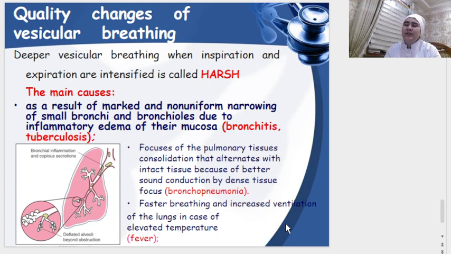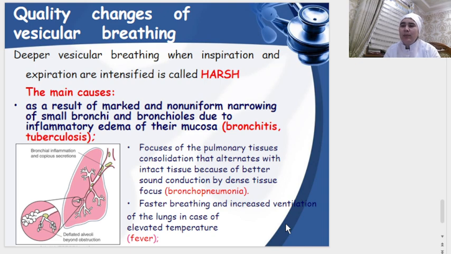Quality changes of the vesicular breathing. Deeper vesicular breathing, when inspiration and expiration are intensified, is called harsh sound. The main cause is marked and non-uniform narrowing of small bronchi and bronchioles due to inflammatory edema of their mucosa, as in bronchitis and tuberculosis.